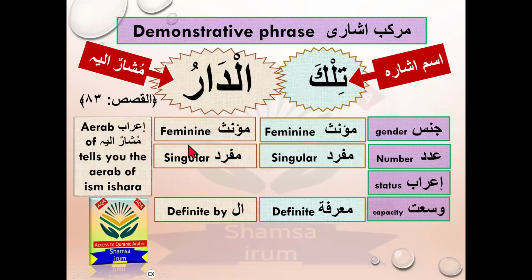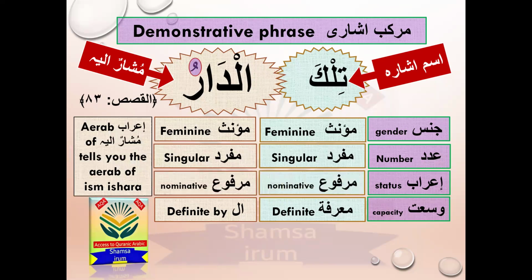Okay, the chart came. The irab of musharun ilayh tells you the irab of the ism ishara. So you have to check the musharun ilayh. At the moment, musharun ilayh is marfu because it ends on dhamma. So tilka is also marfu. How easy it is.